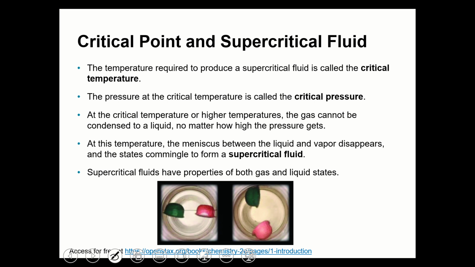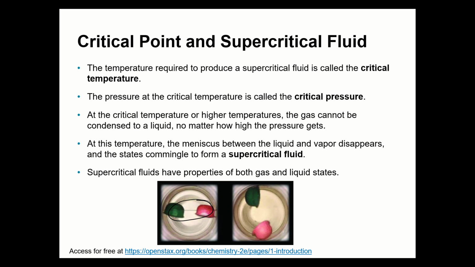If you have a supercritical fluid, what's happening is that the meniscus between the liquid and vapor is disappearing. And so you get this kind of combination that's both a gas and a liquid phase. In this picture on the left, you can see that there is a clear line between the liquid and the gas phase.